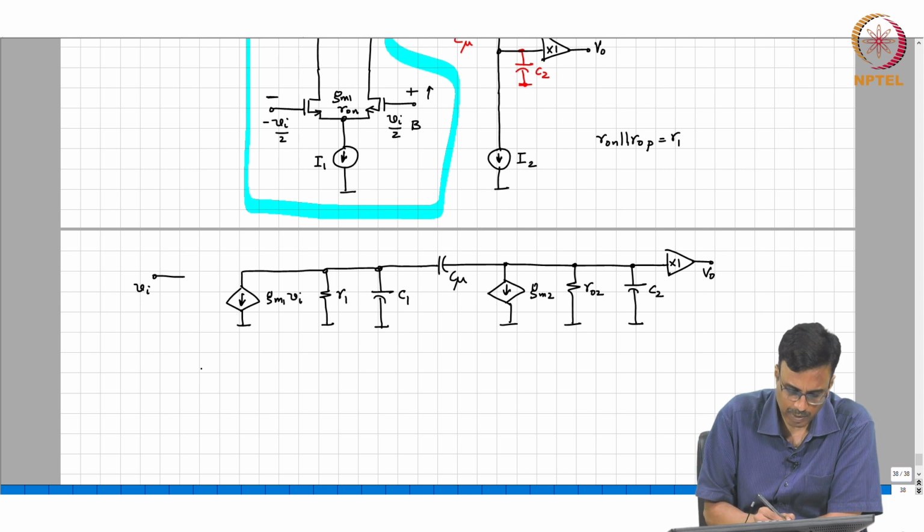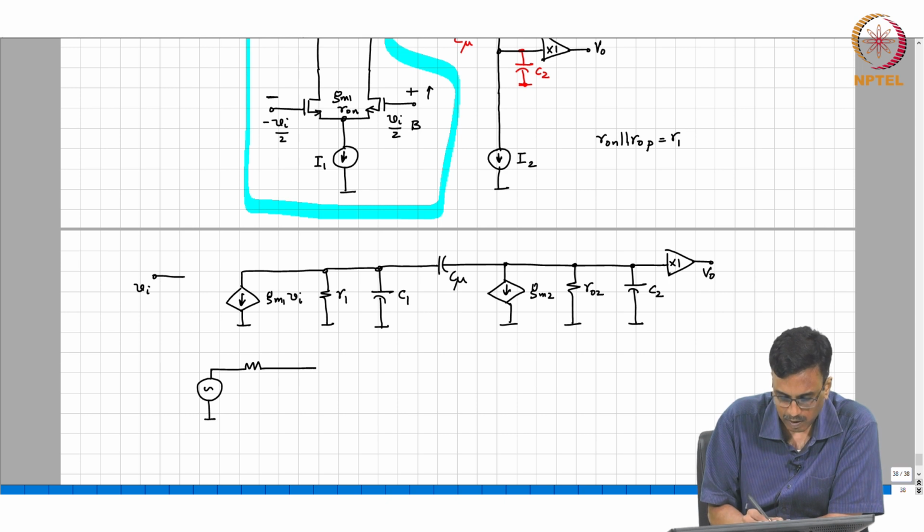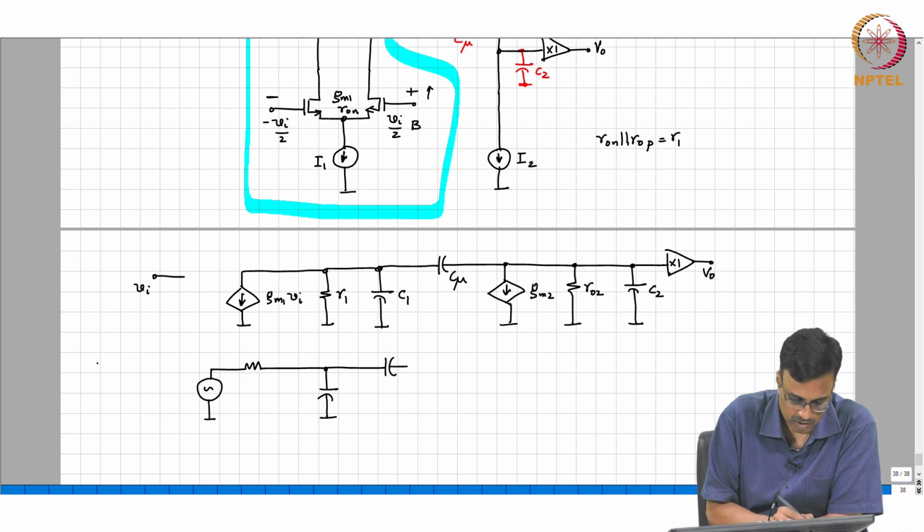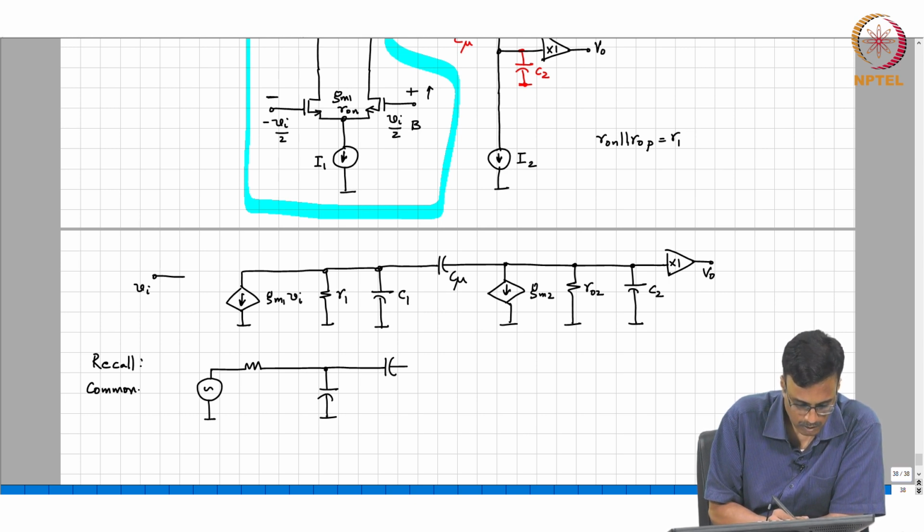Remember, in a common source amplifier we had a voltage source, a source resistance, then CGS, right. So, recall common source.